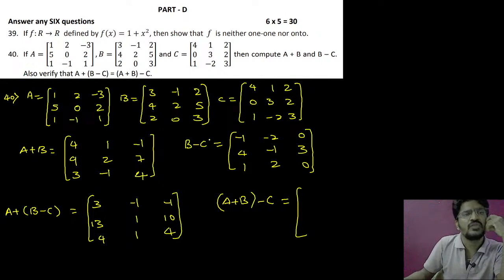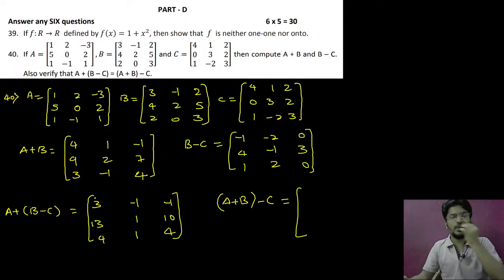We are getting something wrong here, because this term must be 0, right? If we get 0 here, this also must be 0. We check B minus C: 3 minus 4 is minus 1. We have made a little mistake here.